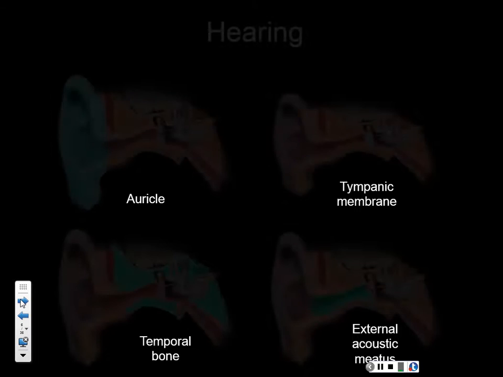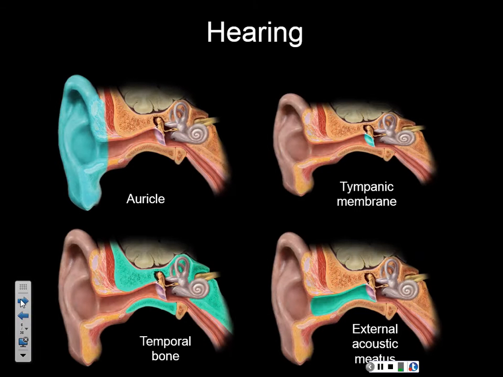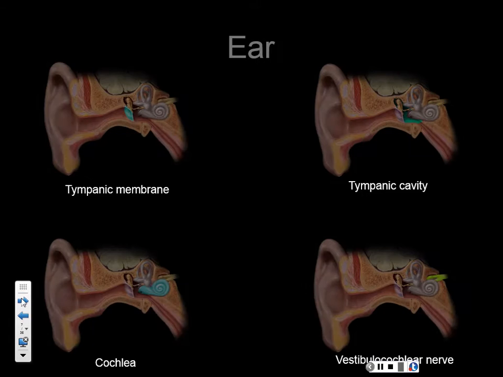So we are good with the outside part, and which parts are involved with the external ear and their functions. Now, the auricle, the temporal bone, and this just highlights it, and you can look at it later, and then the acoustic meatus and the tympanic membrane.